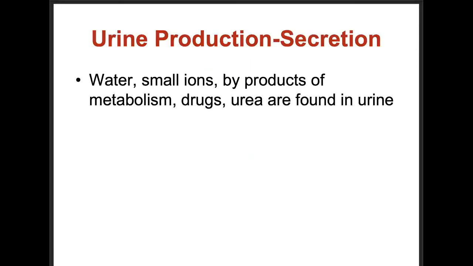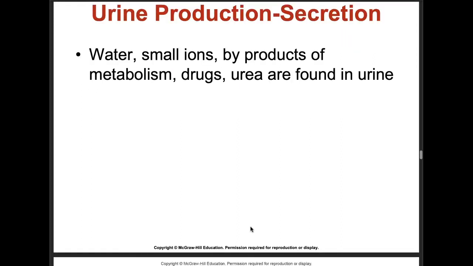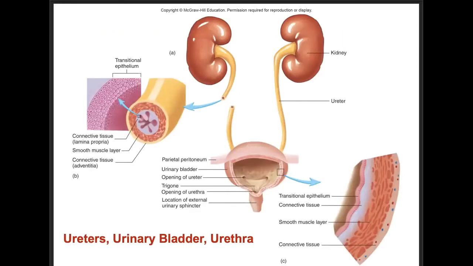Okay, now moving on here, it says that urine production secretion: water, small ions, byproducts of metabolism, drugs, and urea are found in urine.